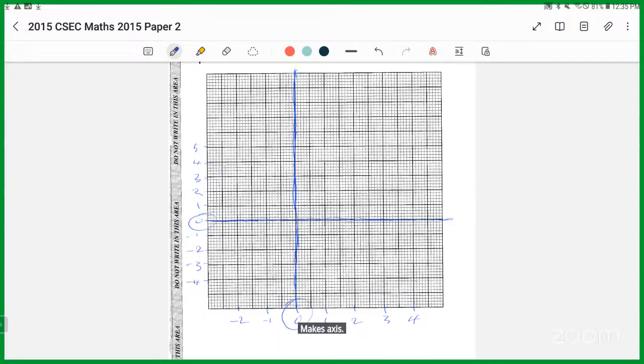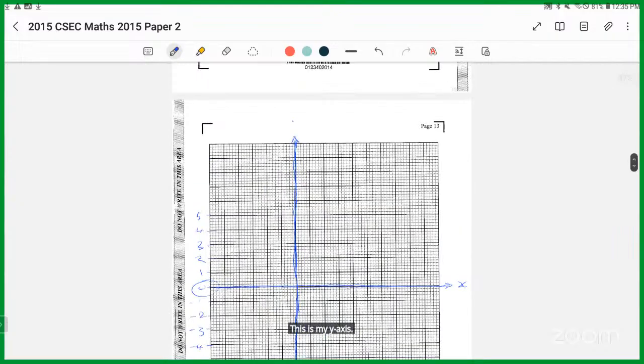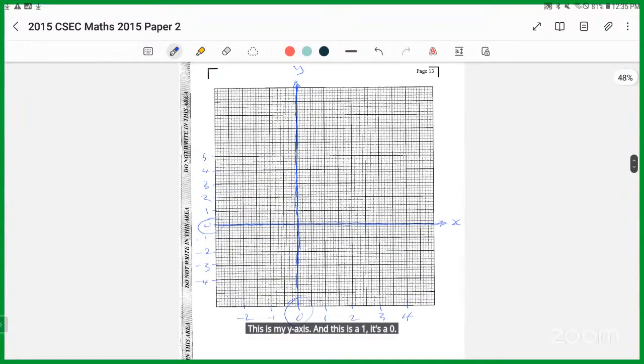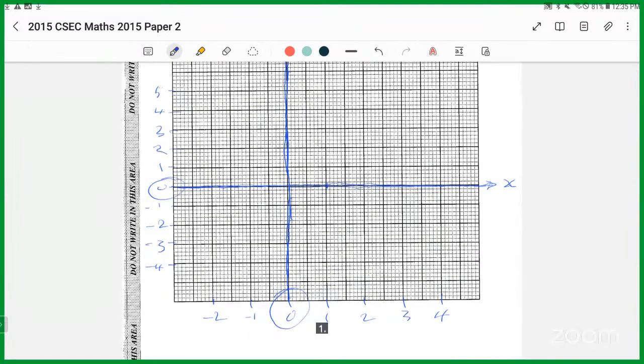Let me scale it up now. So this is my x-axis and this is my y-axis. And this is 1, 2, 3, 4, and this is negative 1, negative 2.